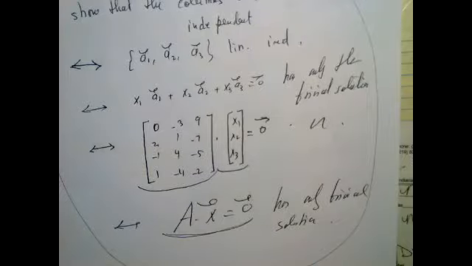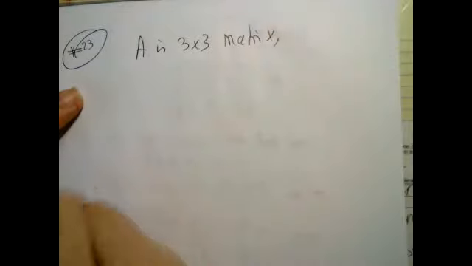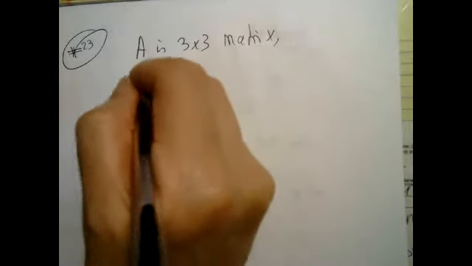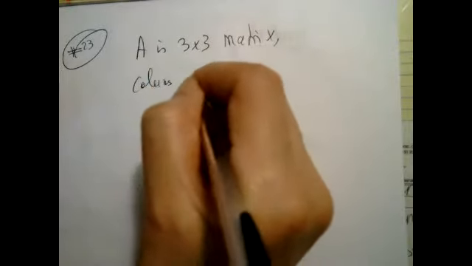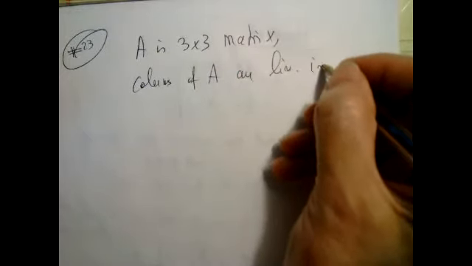So one of the questions in the book, number 23, is the following. Suppose A is 3 by 3, and the columns of A are linearly independent.